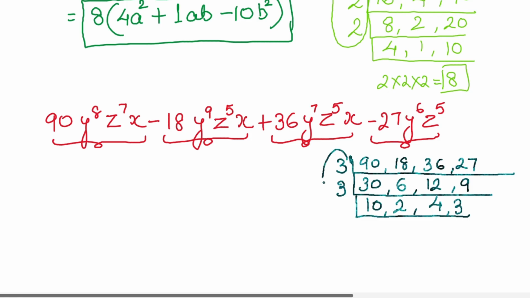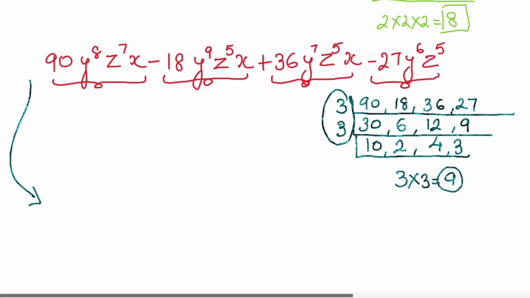So our greatest common factor in terms of the numbers or the coefficients is 3 times 3, which is equal to 9. Now, to factor this out, our common factor in terms of numbers is 9.